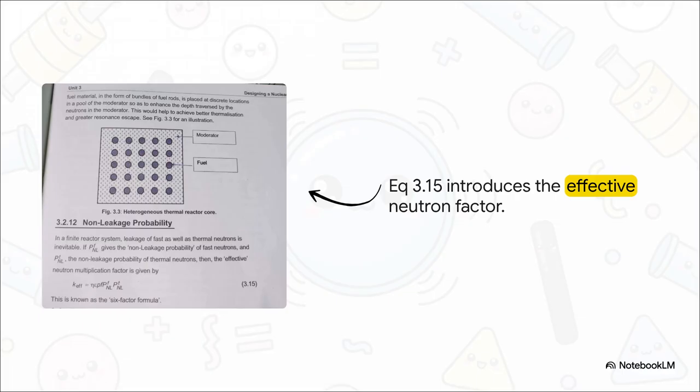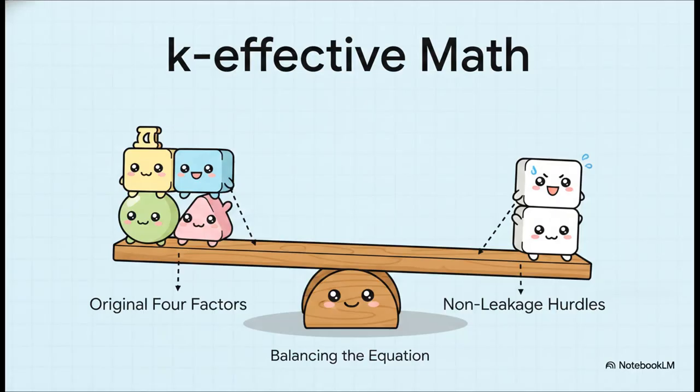Here we have equation 3.15, straight from the source material, which introduces the effective neutron multiplication factor, commonly known as Kf. Because we have to account for reality, our original four-factor formula gets a very necessary upgrade. Now Kf equals our original eta, epsilon, p, and f, but we multiply all of that by two brand new variables, PNLF and PNLT.